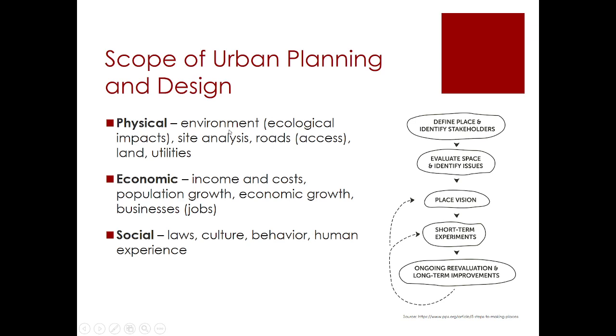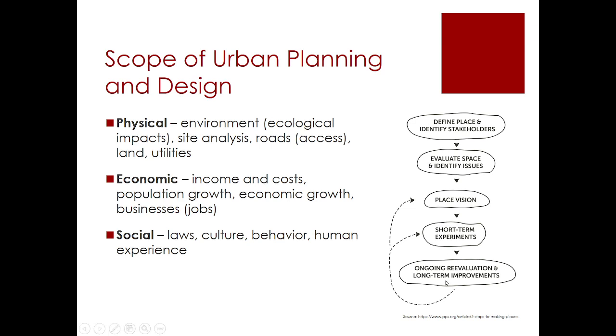And then, as mentioned before, you have physical, economic, and social factors. And the 4 steps are defining the site and the stakeholders, evaluating the site, basically identifying your problem, then placing your vision or creating your solution, and then implementing that solution, whether it be short-term experiments or medium-term experiments. Usually, the smaller the project, you can do short-term. The bigger the project, you lean more towards long-term experiments.